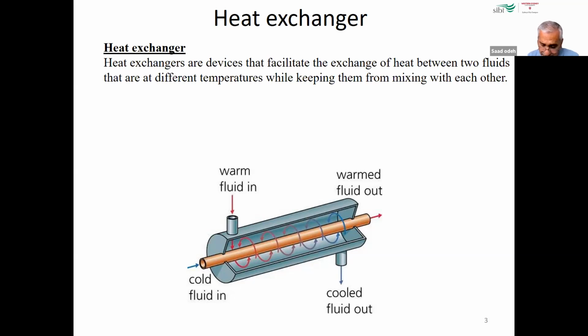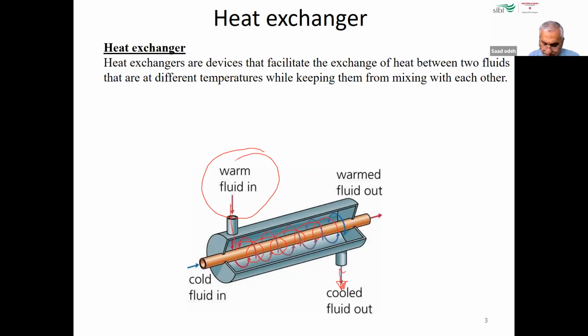So as you can see here, we have a fluid entering this heat exchanger, warm fluid and cold fluid. So from one side, we have warm fluid coming inside the shell here, leaving from the lower exit, while there's a tube in the middle of the shell here.